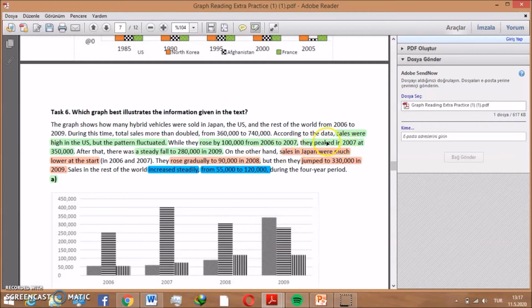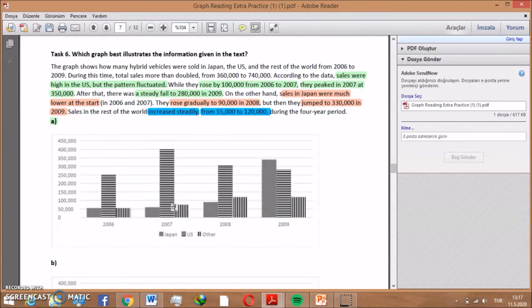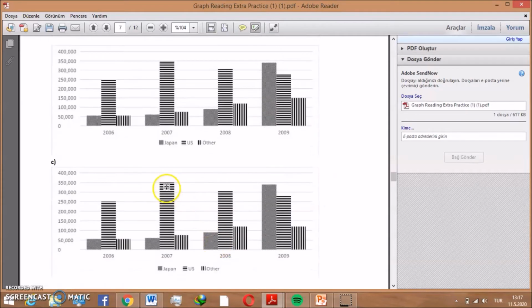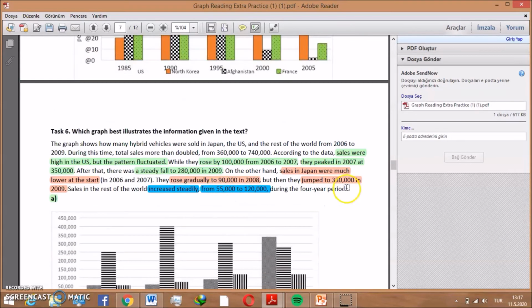Okay, they peaked. Peak means the highest point. It reached the highest point. They peaked in 2007 at this. So the number was this. Yes, this seems to be the peak point. No, we are not looking at A, sorry. This seems to be the peak point in B. Yes, because the others are lower. Okay.